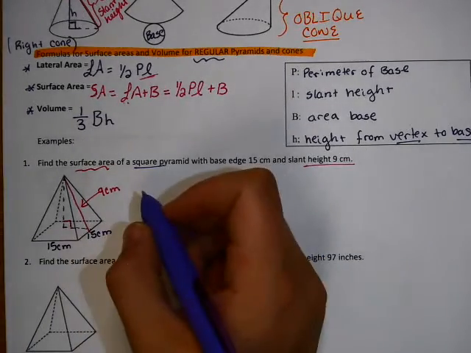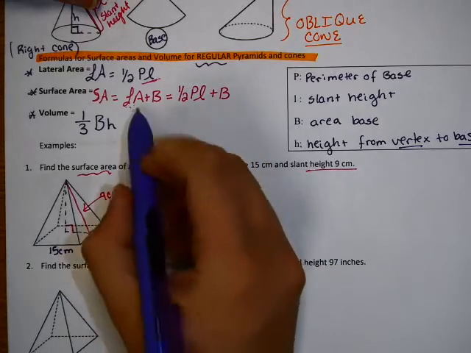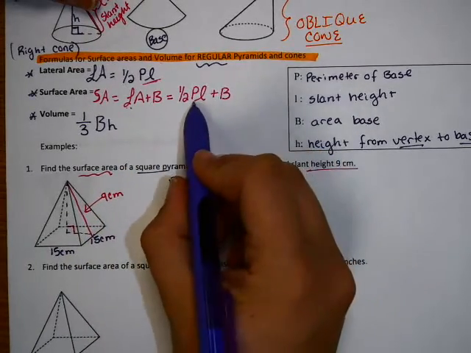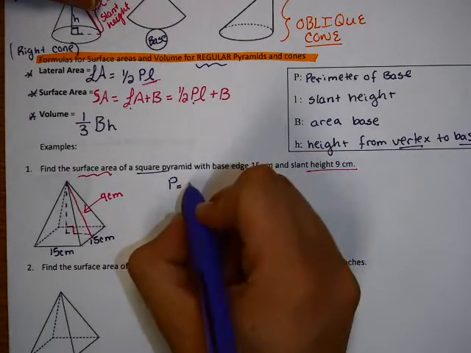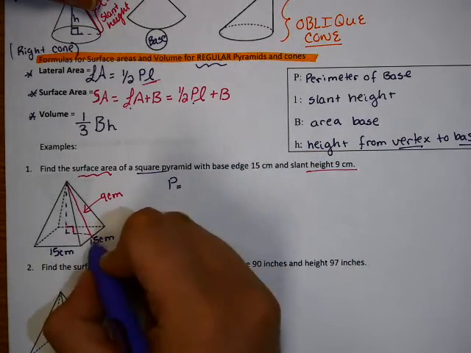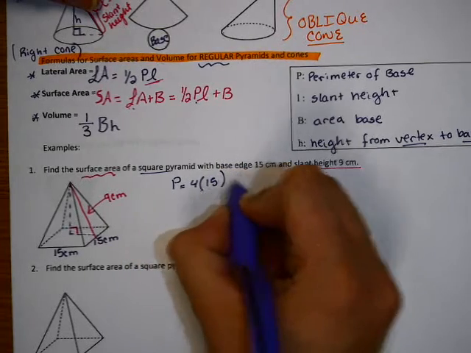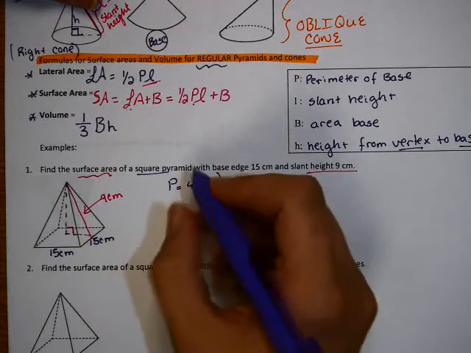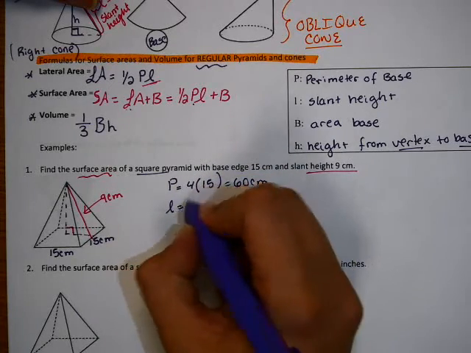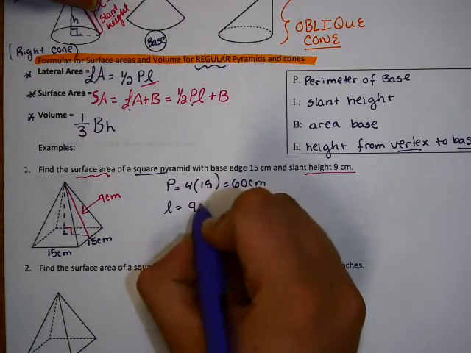Okay. All right. So we need to find the perimeter. So the perimeter of the base would be, since there's 4 sides, 4 times 15, which is 60 centimeters. And we need the slant height for our equation, which is given to us as 9 centimeters.